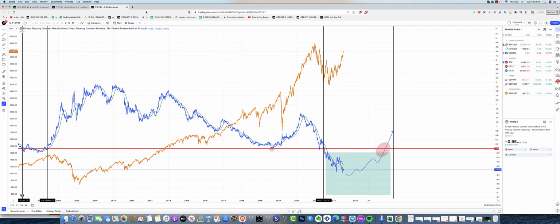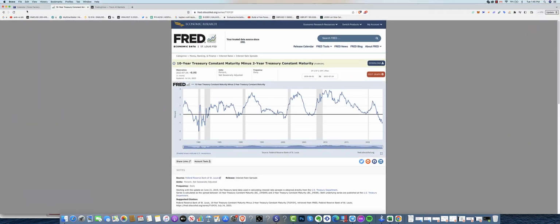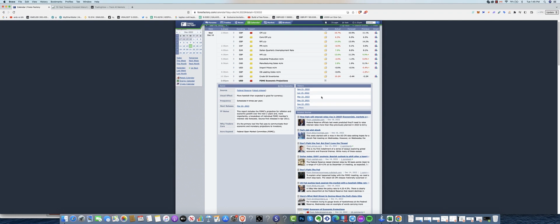All right. So also tomorrow, what we need to pay attention to is we do have an FOMC economic projection. So this is tomorrow at 2 p.m. And actually what we're anticipating is that the Fed is going to increase interest rates. And if that does happen, the opportunity to borrow is going to be even harder.